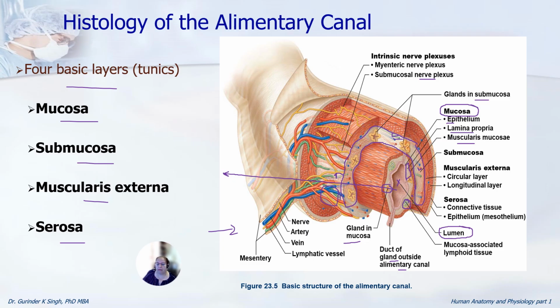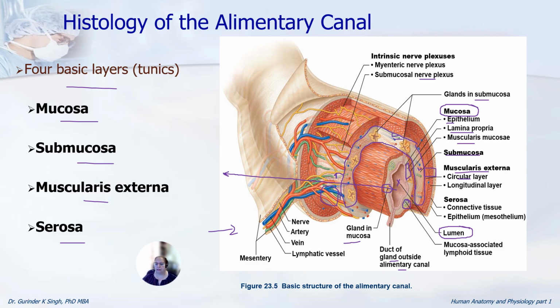When we move out of the submucosa, we look at the muscularis externa. This layer has two layers of smooth muscle cells. One is the circular layer, which goes around the tube, and the second is the longitudinal layer, which runs along the length of the tube.